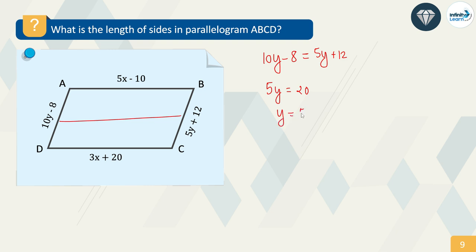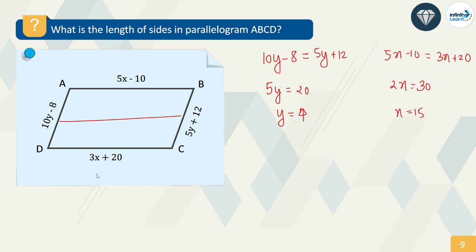The value of y is 4. Similarly, 5x minus 10 equals 3x plus 20. 5x minus 3x is 2x, 20 plus 10 is 30. The value of x is 15.